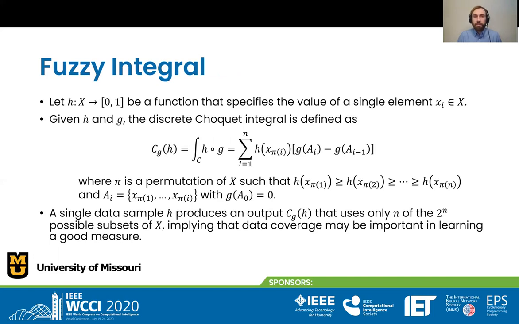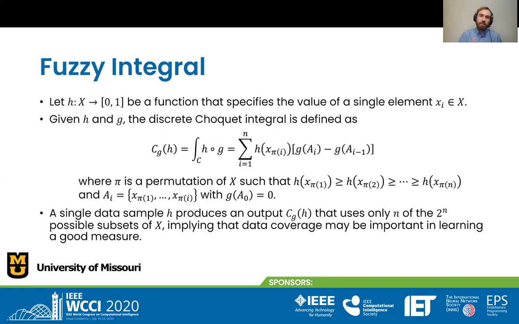We also have the idea of a fuzzy integral. So if we have data, h is a function over x that maps every element in x to a value between 0 and 1. So given a particular data sample h and our fuzzy measure g, we can compute the Choquet integral by sorting the elements of the data h from largest to smallest.